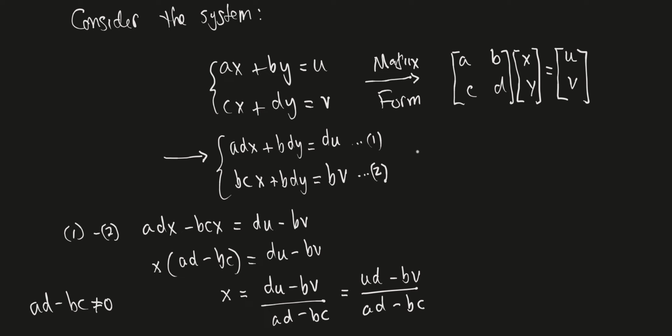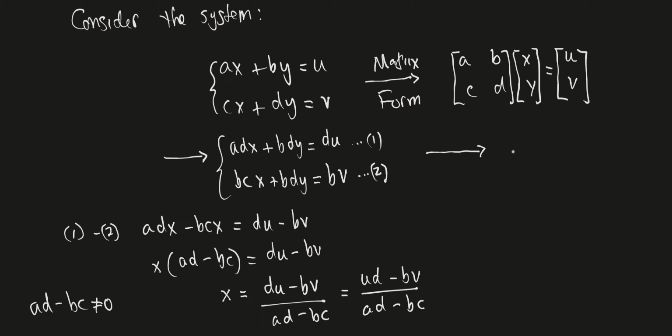So let's say, I'll keep it in this line. If I want to eliminate the x now, I'm going to multiply the top equation by c and the bottom equation by a, right?